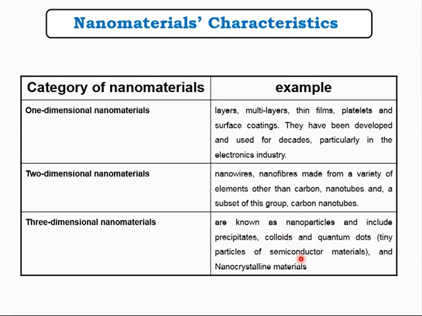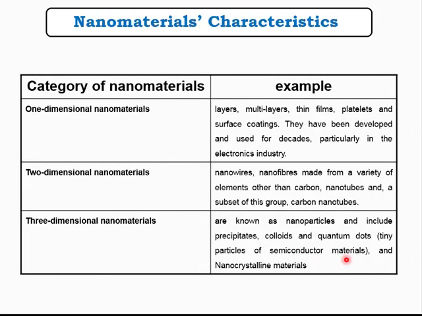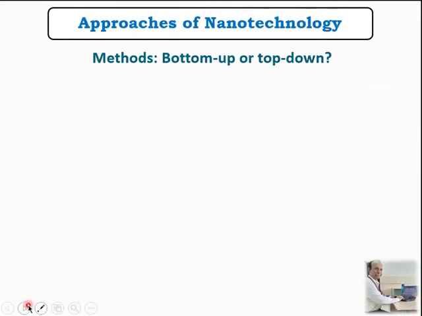In these materials, the unique properties of nanomaterials are combined with bulk material behaviors, leading to a wide range of applications and functionalities. Let's move to the synthesis, that is, approaches of nanotechnology.